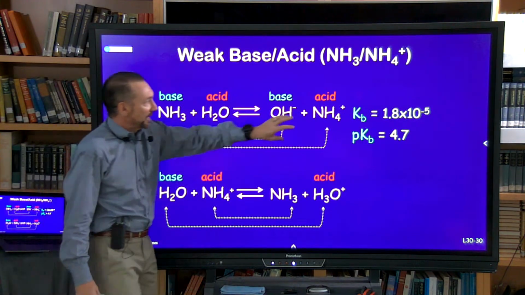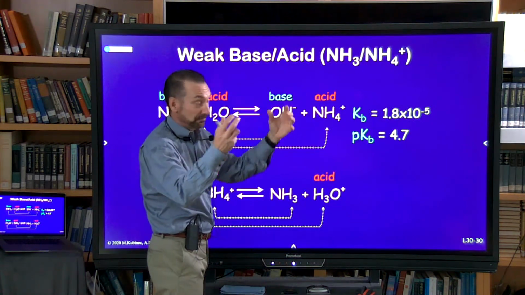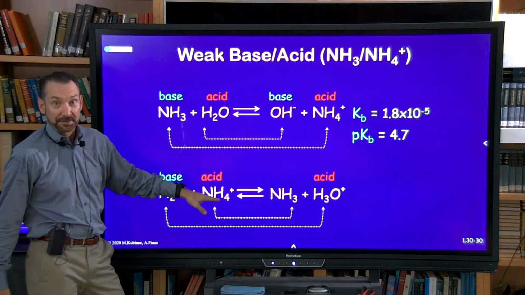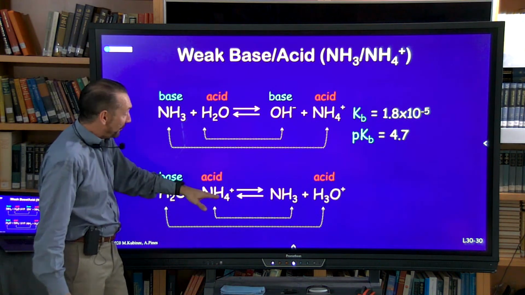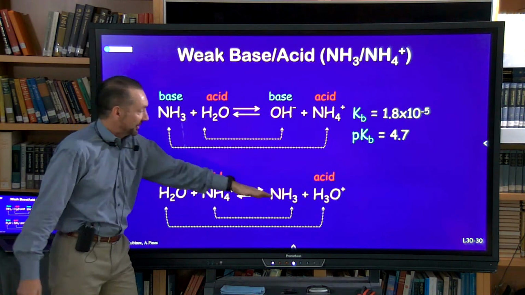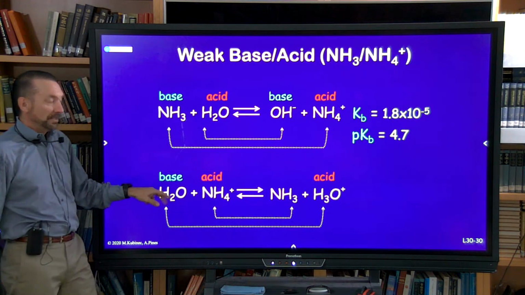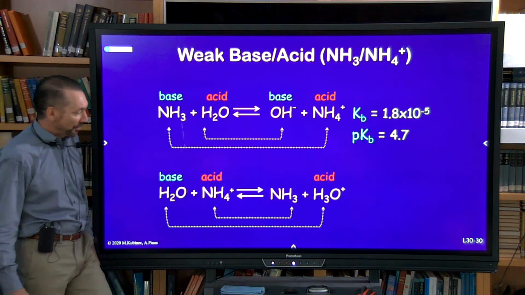Say we started with NH4 plus Cl minus, the ammonium chloride, and put that in. So we got these ammonium ions apart from this reaction going. Well, that would act as a weak acid, and you would form some of that conjugate base, and that proton that left the NH4 plus ends up on a water molecule and makes an H3O plus.